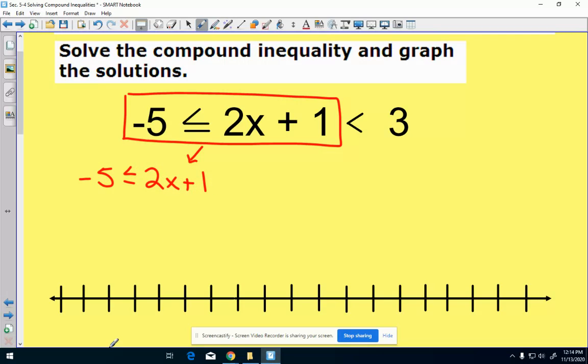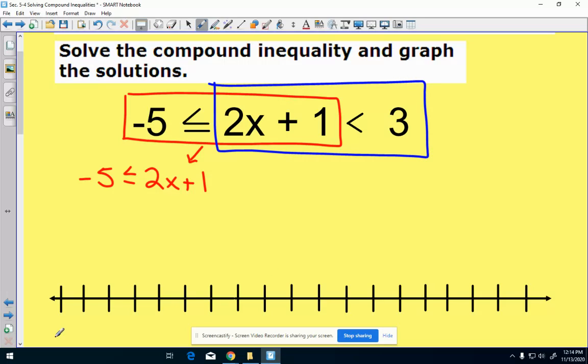Now, a compound inequality using an and statement actually shares something in common. So what is the part that the second one has that's exactly the same as the first one? What part do they overlap? Exactly. So the second inequality starts with that exact same overlapping piece. They both share the same portion.